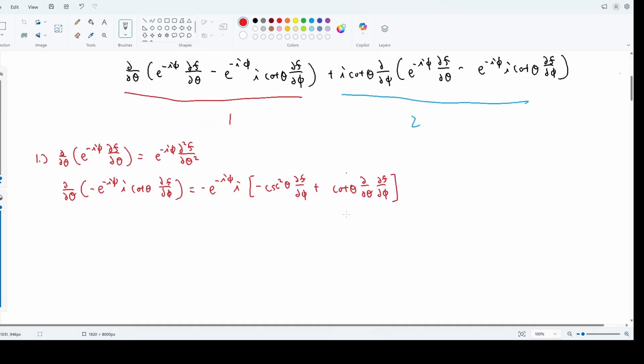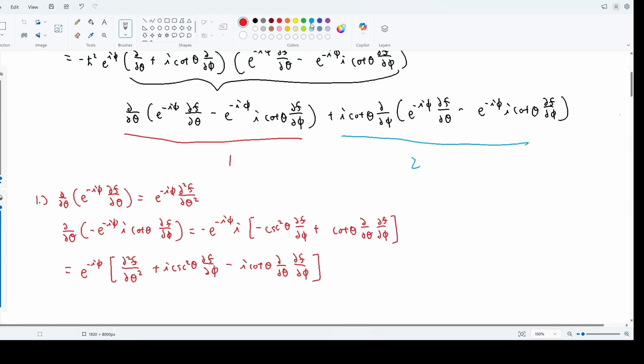So if you then add both of these together, e to the negative i phi is going to come out. So e to the negative i phi, and then d2f by d theta squared. Here you're going to have negative i multiplied by negative, so that's positive i, cosecant squared theta df by d phi, and then subtracted by i cotangent theta d by d theta df by d phi.